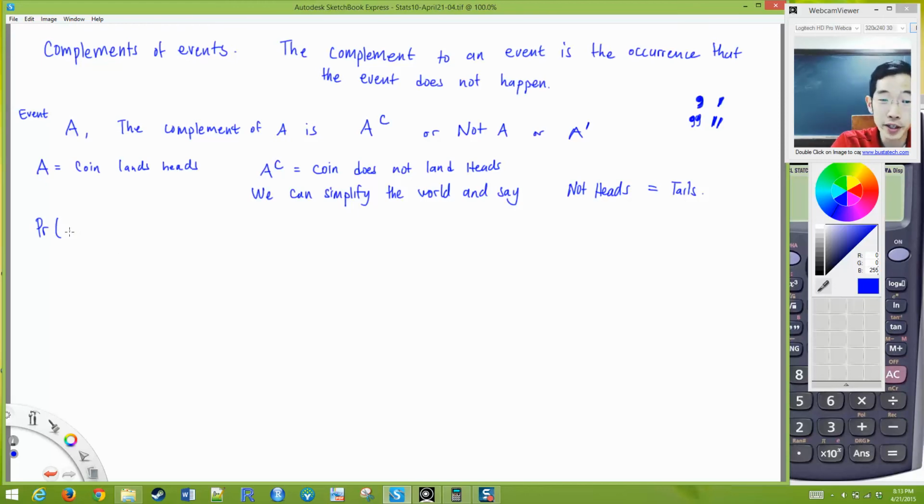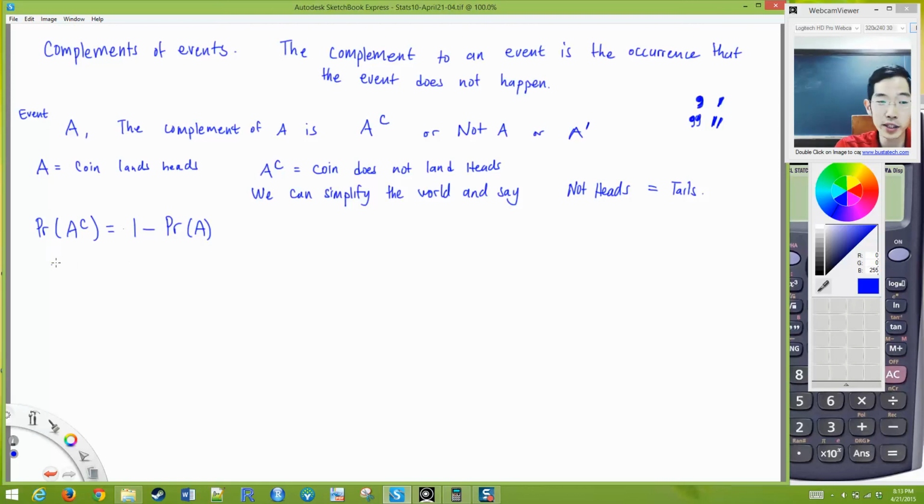So the probability of the complement is equal to 1 minus the probability of the event. If the probability of the coin landing heads is 0.5, the complement is 1 minus 0.5.